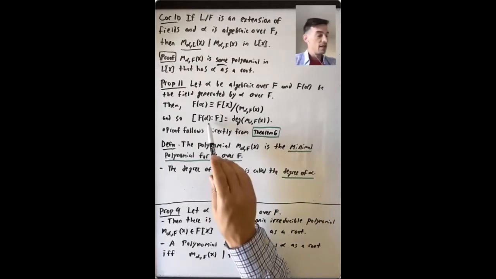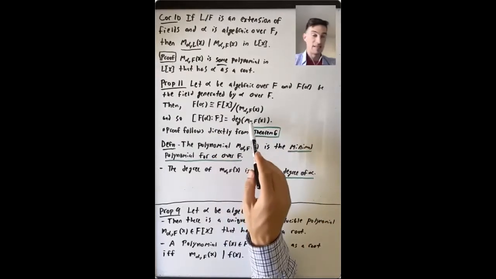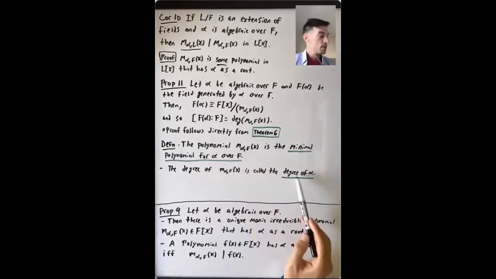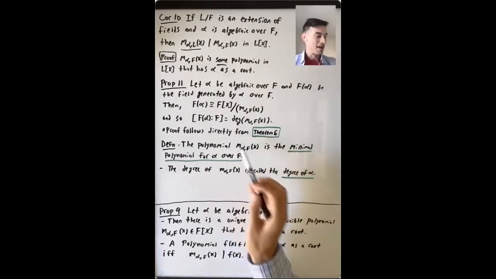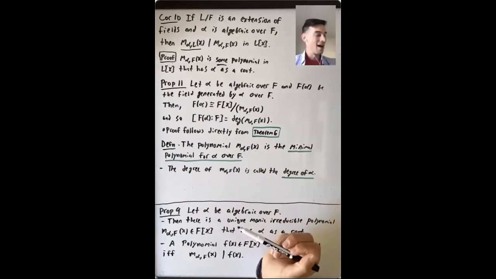Oh yeah, so I'll say that the degree of this field extension is the same as the degree of the minimal polynomial, which by definition is the degree of alpha. Okay, right, so just as a quick recap, what are we saying?